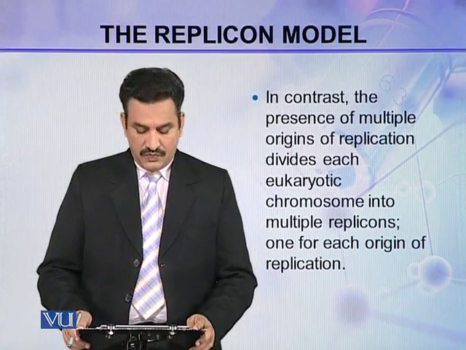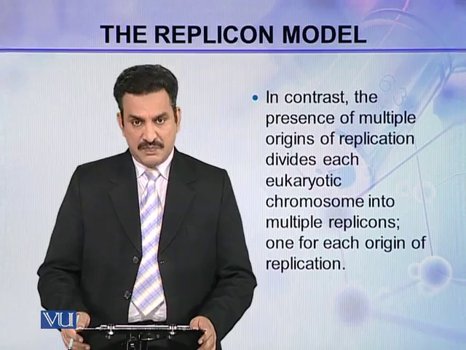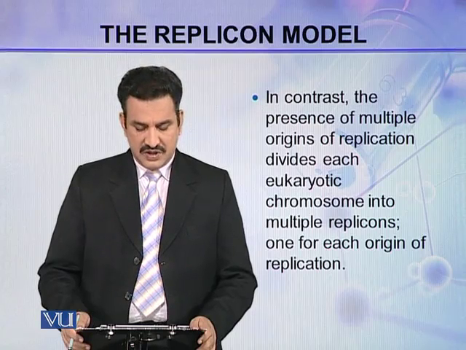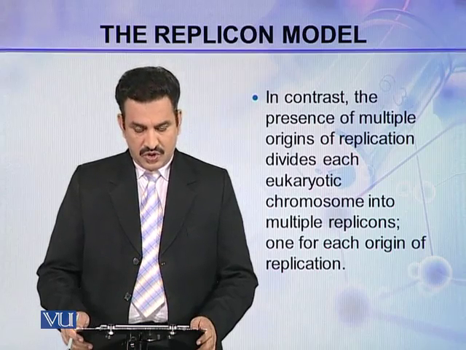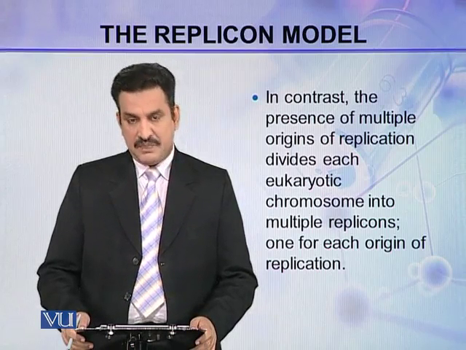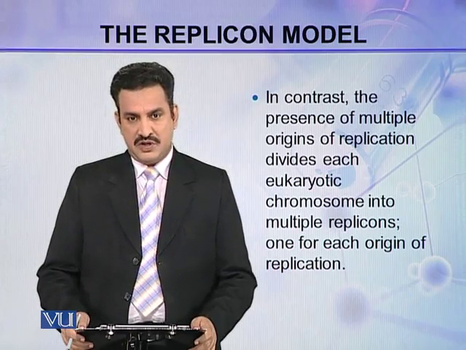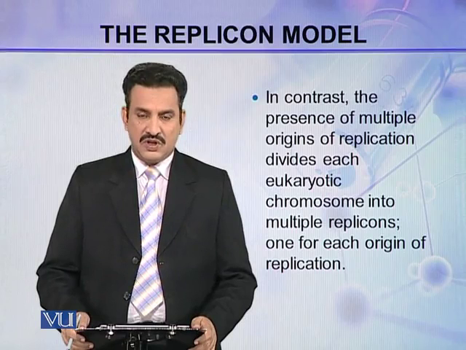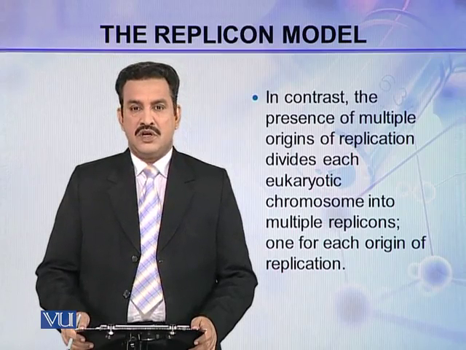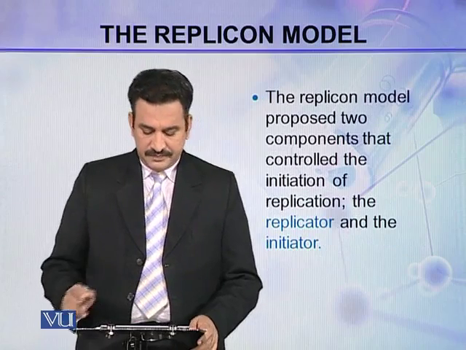While in the case of linear chromosomes, the presence of multiple origins of replication in eukaryotic chromosomes results in multiple replicons, one for each origin of replication. So the number of replicons is equal to the number of origins of replication.